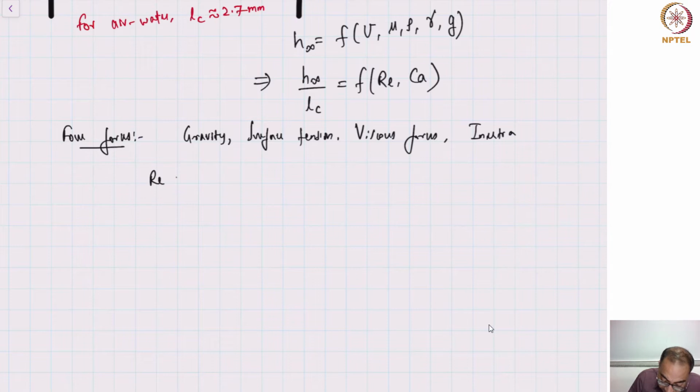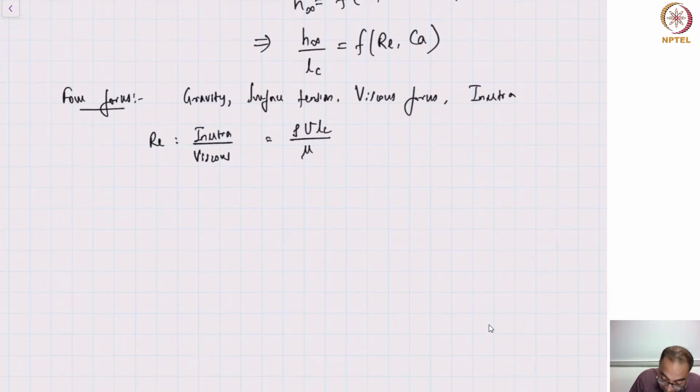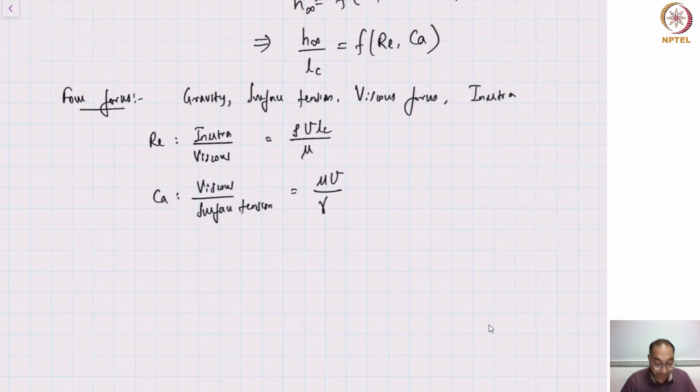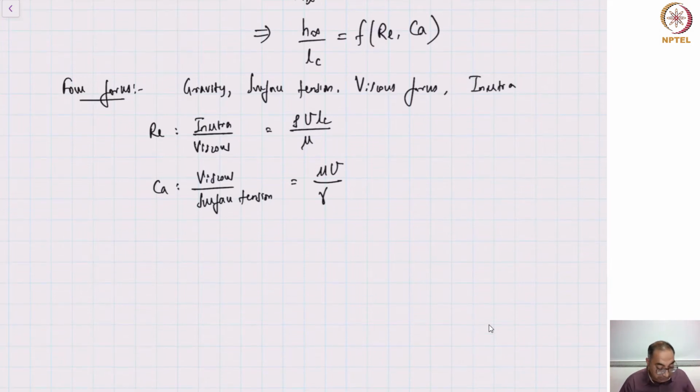So the Reynolds number here is the ratio of inertia to viscous forces, and this is rho u LC by mu, and capillary number is the ratio of viscous to surface tension, which is mu u by gamma, right?